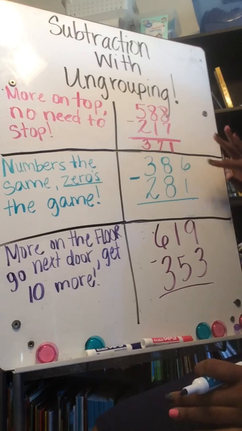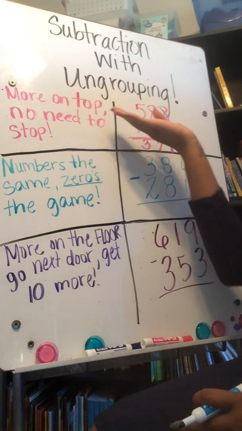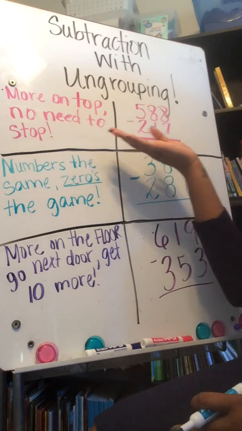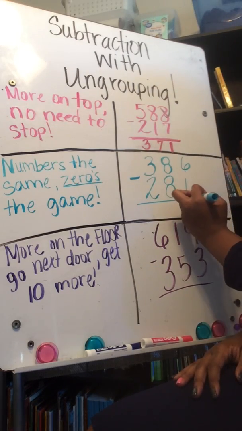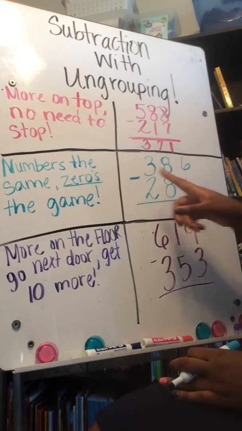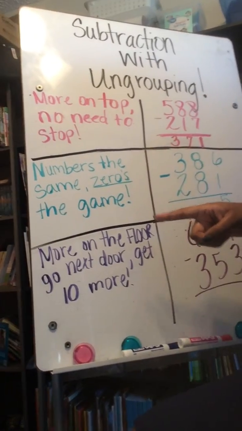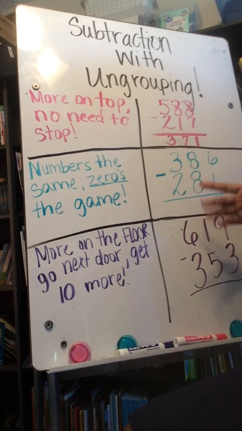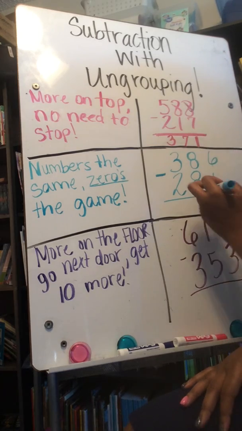We've got 6 on top, 1 on the bottom, and we just learned about that. If there's more on top, there's no need to stop. 6 take away 1 leaves you with 5.